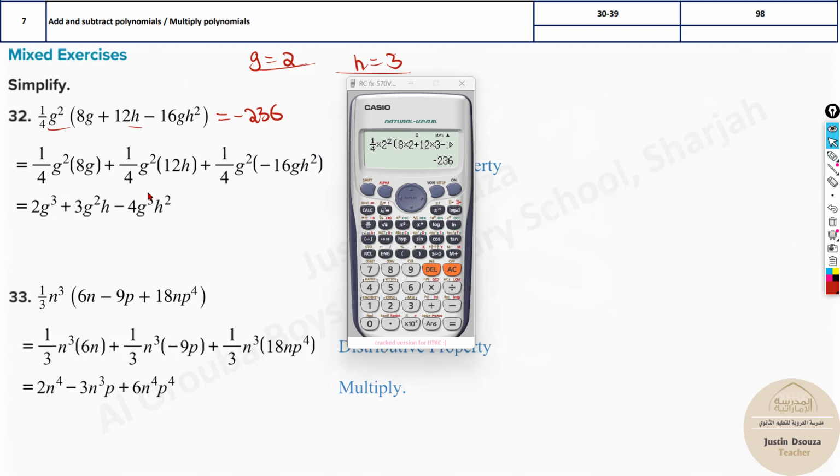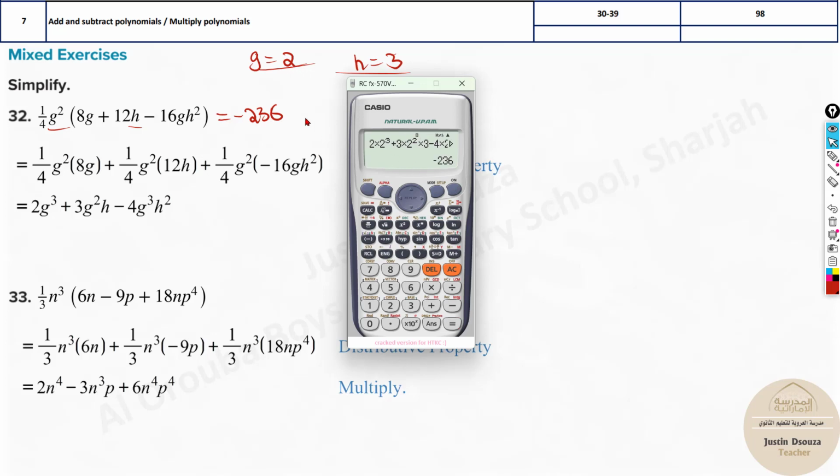Now we already know the answer here. This is the answer, so I will show you. Substitute G as 2. So we have 2 cubed plus 3 into G, again 2 squared, multiplied by H, 3, minus 4 into G, again 2 cubed, multiplied by H, 3 squared.